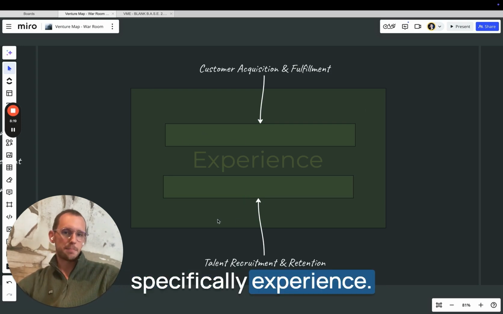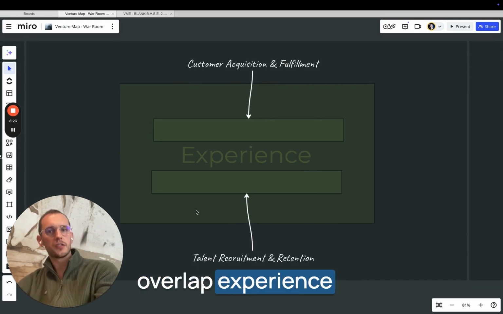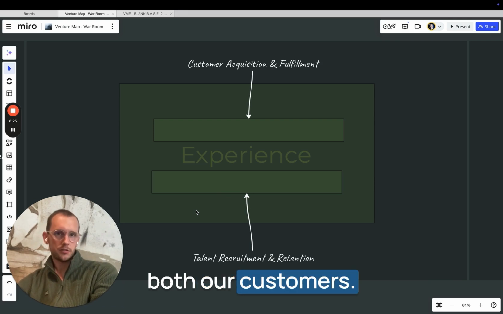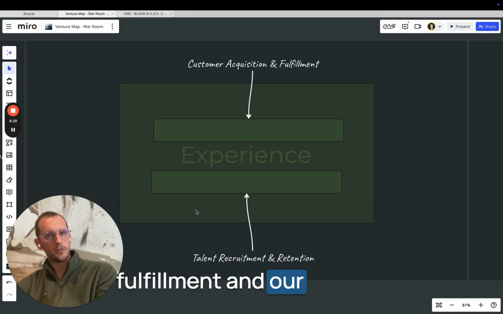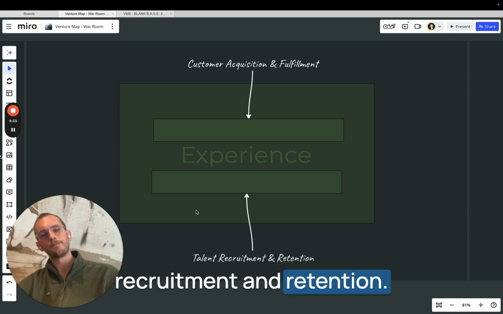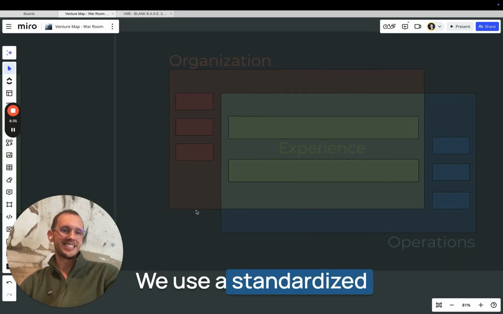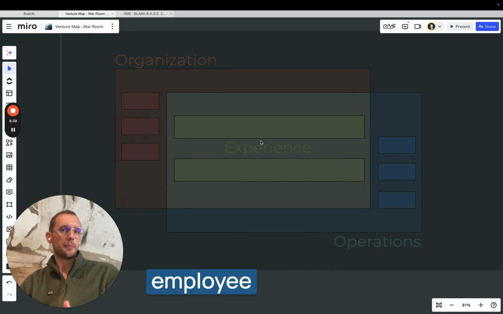Specifically, experience is how we view the overlap. Experience for both our customers, that's acquisition and fulfillment, and our team or our employees, and that's recruitment and retention. We use a standardized model to track our customer lifecycle and employee lifecycle.